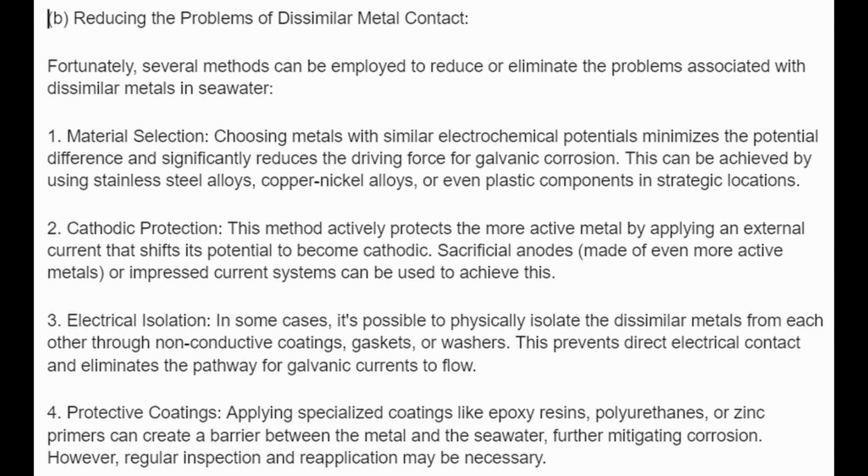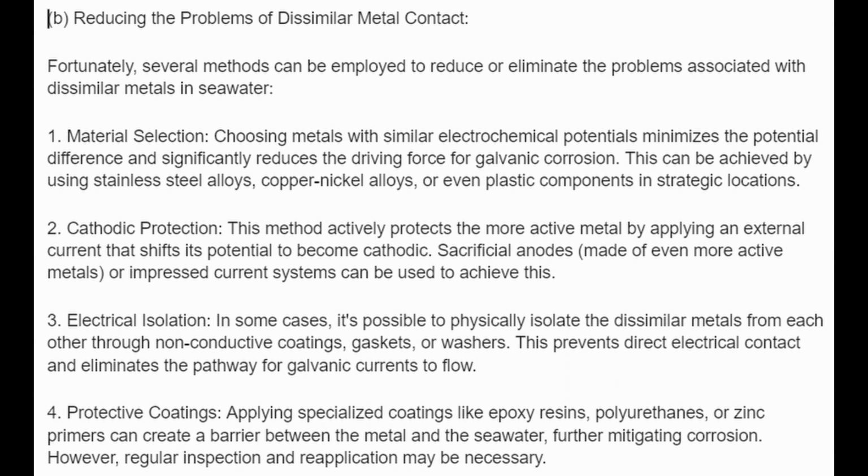3. Electrical isolation. In some cases, it's possible to physically isolate the dissimilar metals from each other through non-conductive coatings or gaskets or washers. This prevents direct electrical contact and eliminates the pathway for galvanic currents to flow. 4.